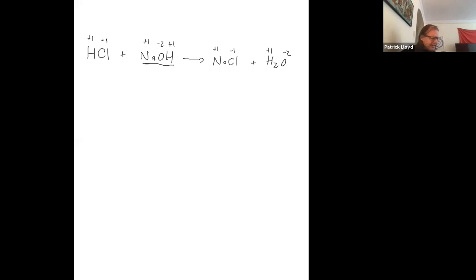Now, it can't oxidize the hydrogen because hydrogen's already oxidized. It's already +1, so there's nothing you can do to the hydrogen in terms of redox chemistry. The sodium, same thing. Sodium's already +1. If sodium were 0, then the oxygen could oxidize it and you'd get a redox reaction. But it's already at +1, so it's already oxidized.